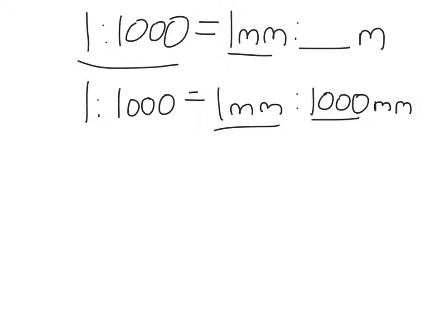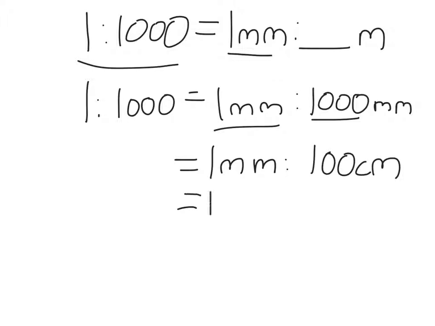Well, that's easy. There's centimetres between millimetres and metres. So first I'm going to convert to centimetres by dividing by 10. So 1,000 millimetres is 100 centimetres, which is, of course, 1 metre. So if I have a scale of 1 to 1,000, that means 1 millimetre on my scale drawing represents 1 metre in real life.